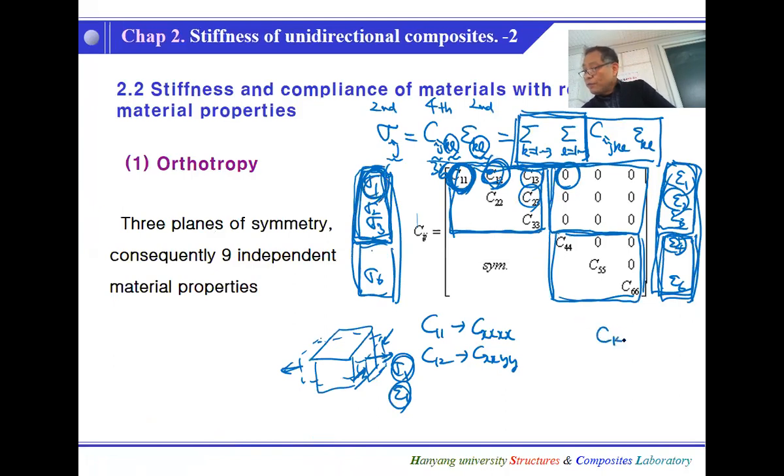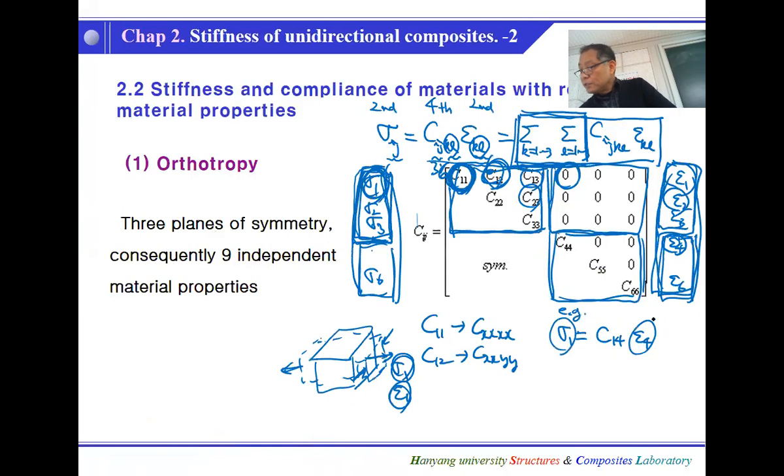So C14 is relating sigma 1 and epsilon 4, when all other strains are 0. This will relate a normal stress and shear strain. What is the epsilon 4, by the way? Do you remember epsilon 4?